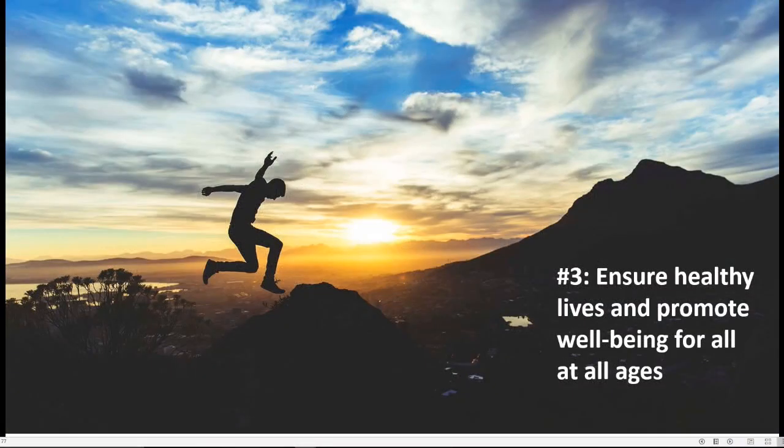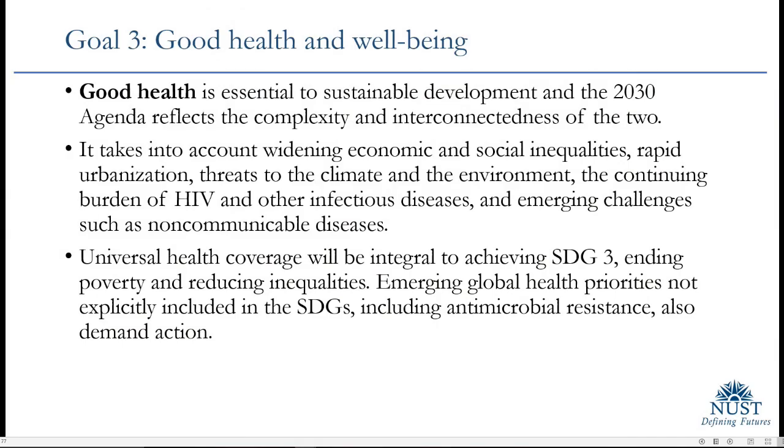The third SDG is to ensure healthy lives and promote well-being for all ages. Lower hunger also ensures good health, but good health and well-being is a separate goal in the SDGs, and it takes into account economic and social inequalities.